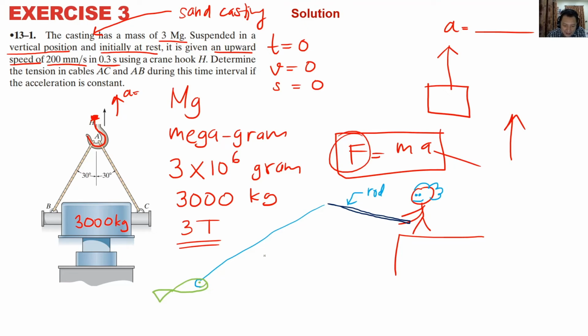So when you are trying to pull away to capture your fish, you're going to wind your tackle slowly, slowly, and slowly. You don't jerk it. You do not jerk it. Why? If you jerk it, you might break the wire. So when you learn dynamics, you are actually learning about real life.